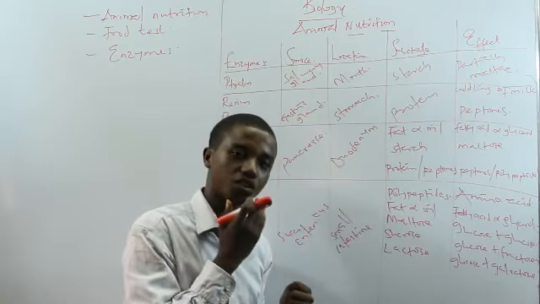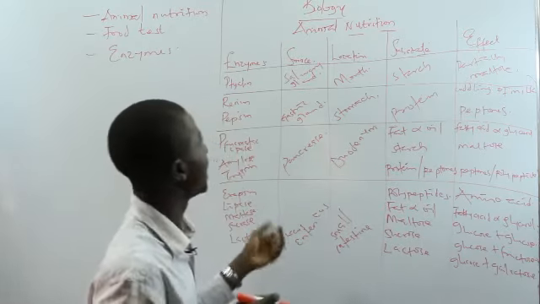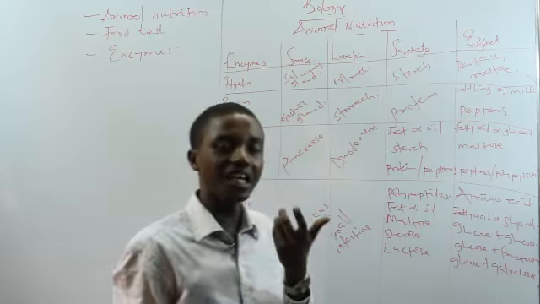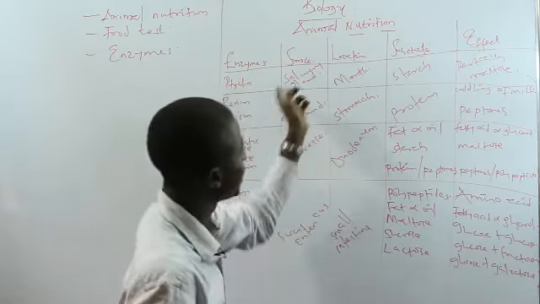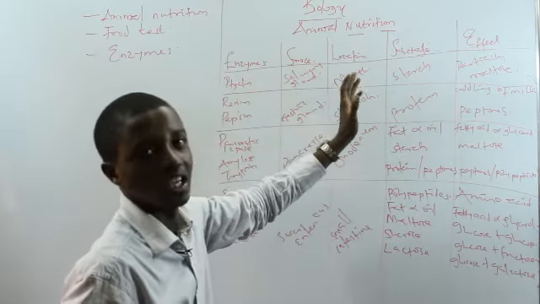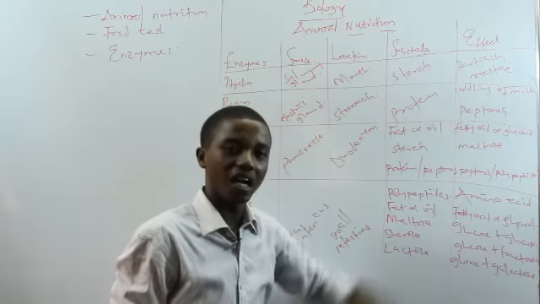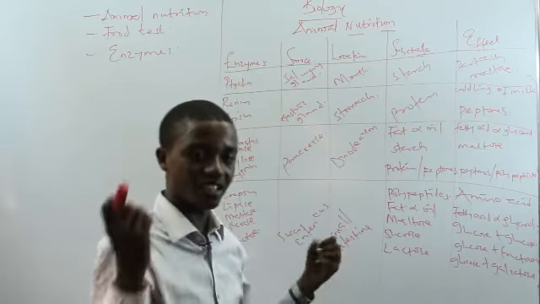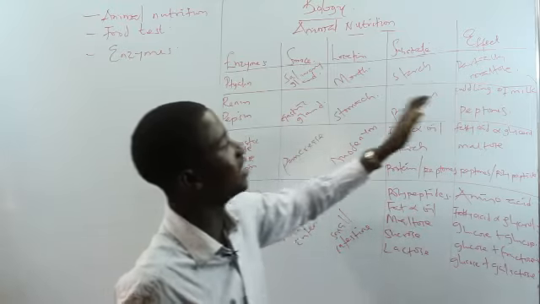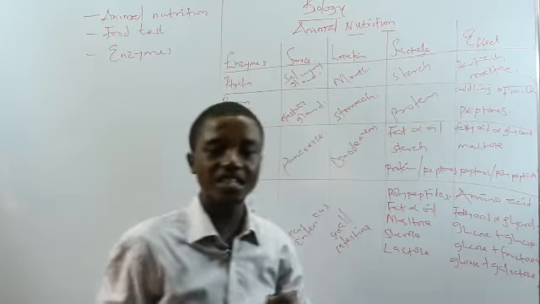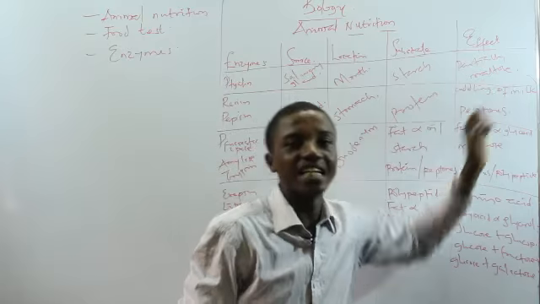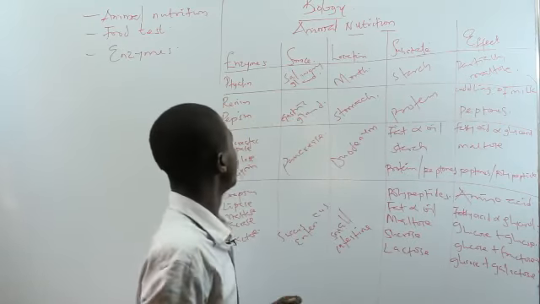The mouth is the location, but the source is the salivary gland. It acts on starch, carbohydrates, starchy food, and basically the end result is that it digests starch partially to maltose.